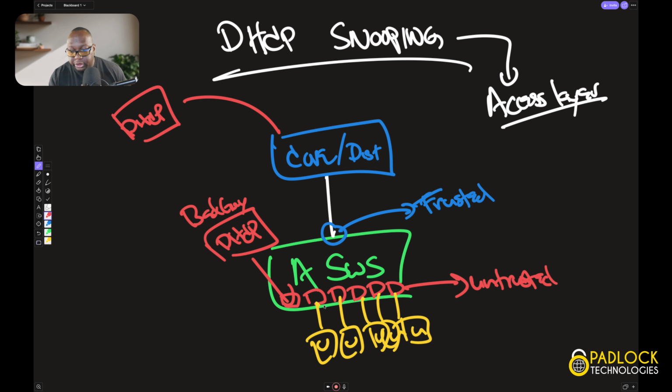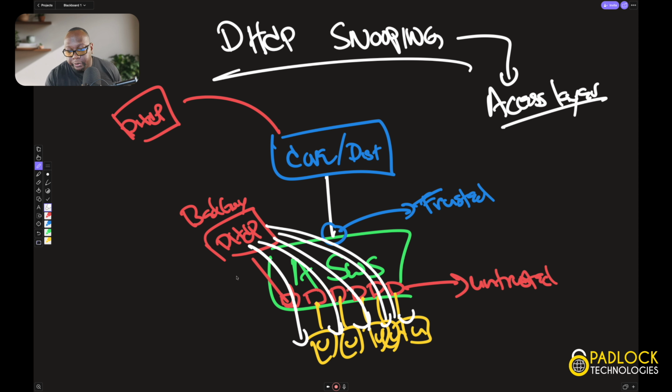And then once users plug in, they could potentially get a DHCP address from this rogue server. All right. Now, the default gateway could be this server, and then when people are sending traffic to the default gateway, somebody could be doing Wireshark and sniffing the packets.